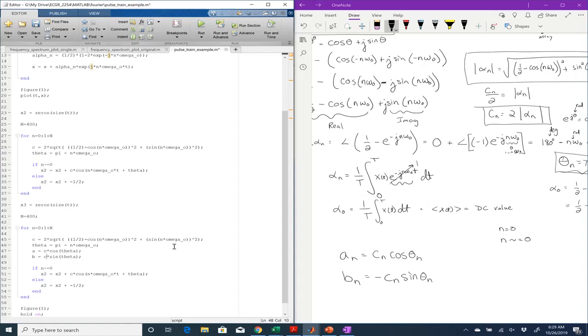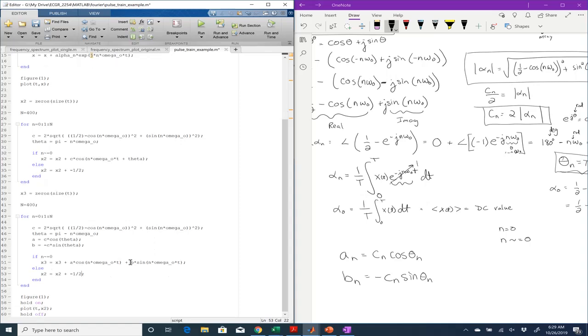Of course, there's a minus sign in that one. And I'll do the same thing. So if n is not equal to 0, x3 equals x3 plus a times cosine n omega naught t plus b times sine n omega naught t, like that. And then when n equals 0, I'm just going to add in the average.